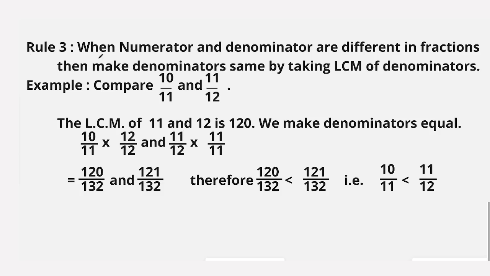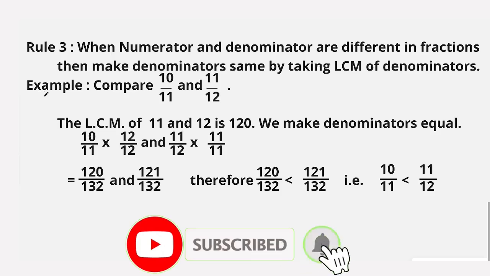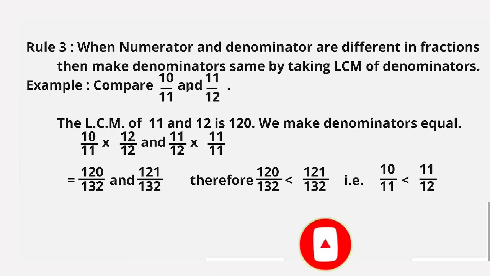Rule 3. When the numerator and denominator are different in fractions, then make the denominators the same by taking the LCM of the denominators. We will learn it by one example. The example is: compare 10 upon 11 and 11 upon 12.